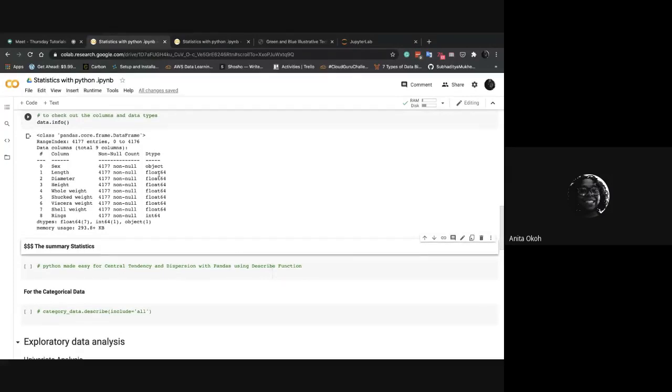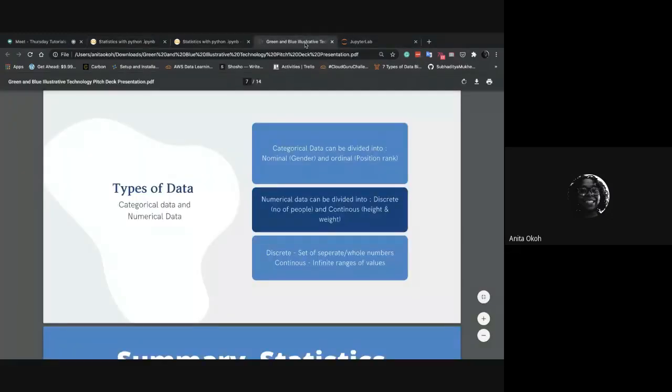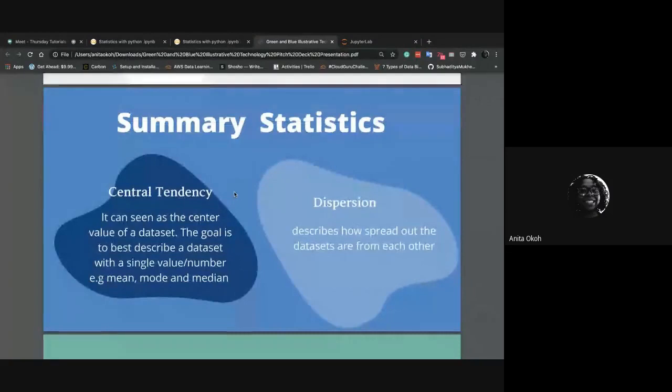data as well. So moving on, the fourth part of this data preparation, or getting to know the data basically, is summary statistics. And basically summary statistics can be split into measure of central tendency and measure of dispersion. Measure of central tendency basically means finding the center value of an object. And the goal is basically to best describe a data set with a single number, like reducing the whole noise into one number.